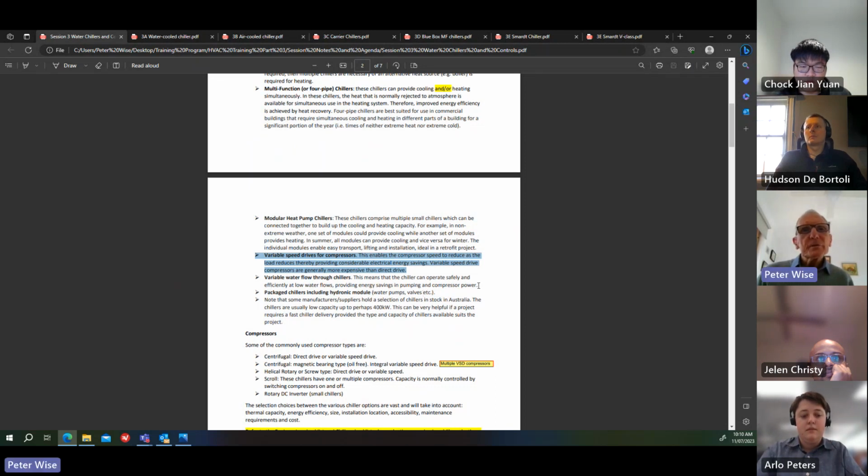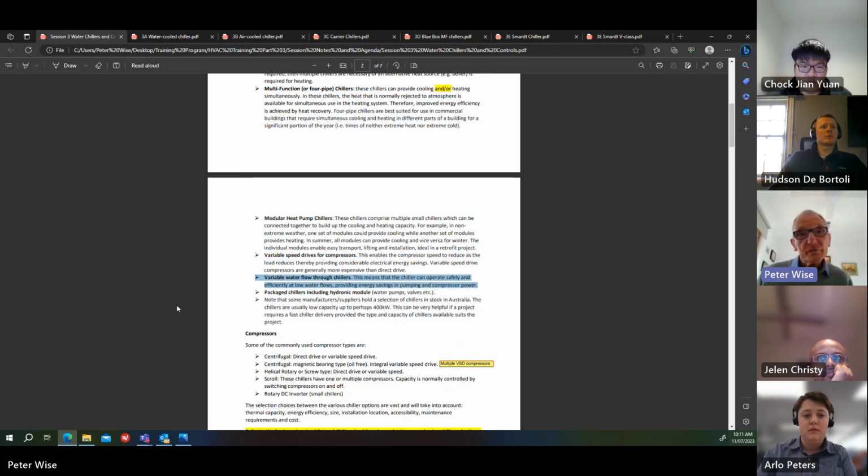Another development has been variable flow through water chillers. The water chiller manufacturers around the world are responding to the energy efficiency improvements that the world requires. So they've done a lot of development with chillers. It used to be that you had to have a constant flow through a chiller, but now you can get variable flow chillers.